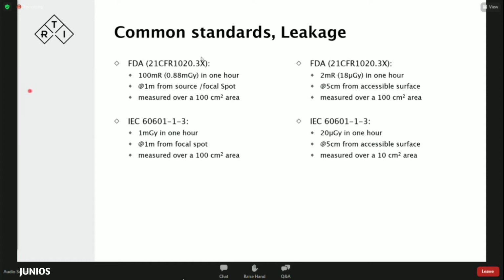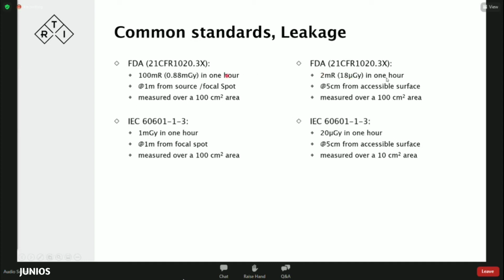Same for FDA and the IEC. For the area of measurement, that differs between the two standards, wherein the IEC mentions 10 square centimeter and the FDA mentions 100 square centimeter. Also, for the limits, IEC requires 20 microgray in 1 hour, and the FDA is saying 2 milliroentgen or 18 microgray in 1 hour.